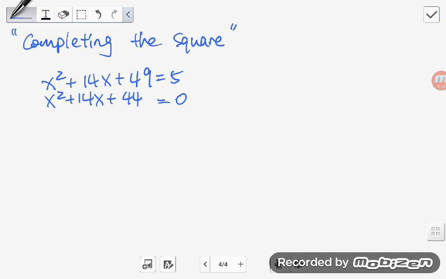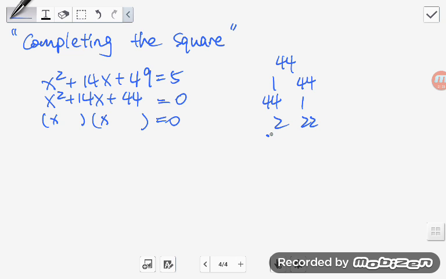The next step, typically, is that we try to factor it and see if there's a combination where we can get this 14x. So let's try. 44 can be broken down into 1 and 44, which obviously we're not gonna use. Maybe 2 and 22, which is still too big.